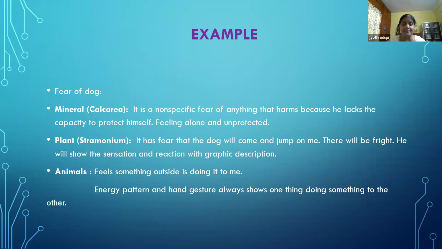Whereas a plant kingdom patient, as soon as they break up, starts crying, starts blaming. They will start showing so many reactions. Whereas an animal kingdom patient says, how dare he do this to me? I will do what he has done to me. This is the animal patient.